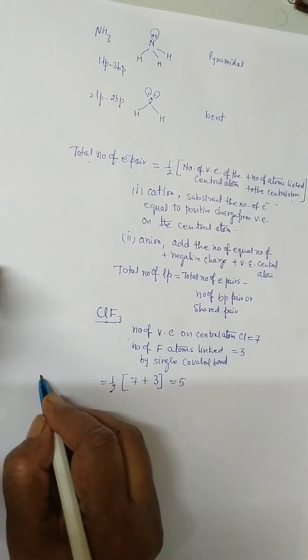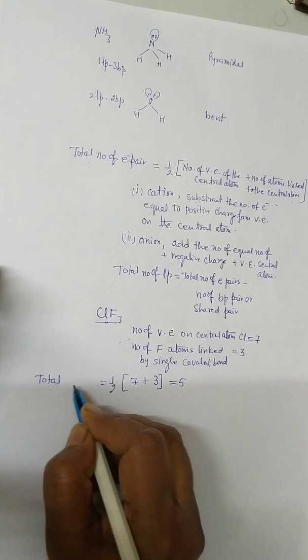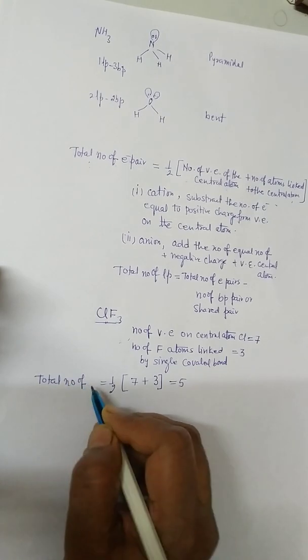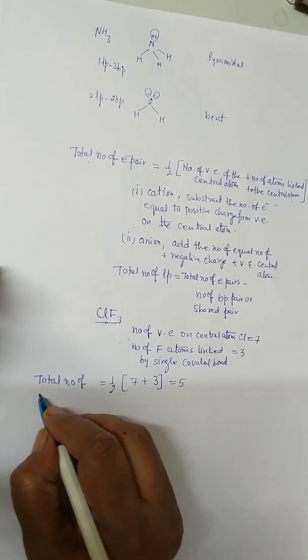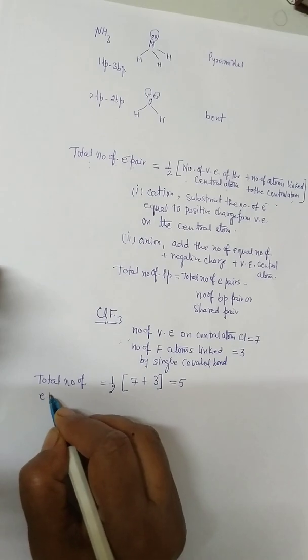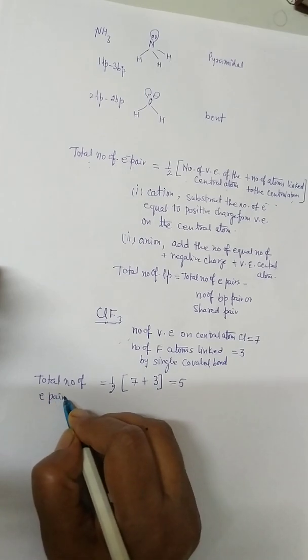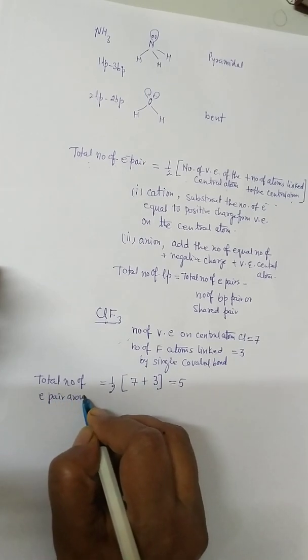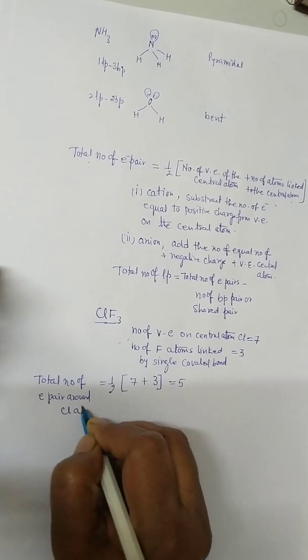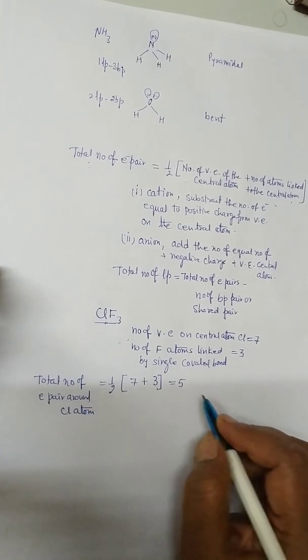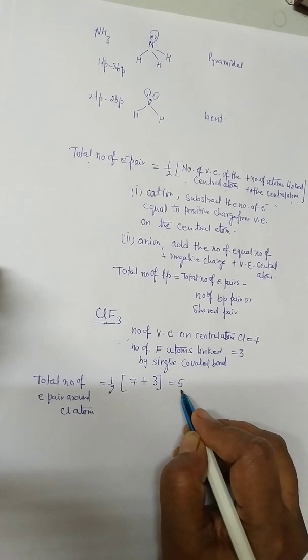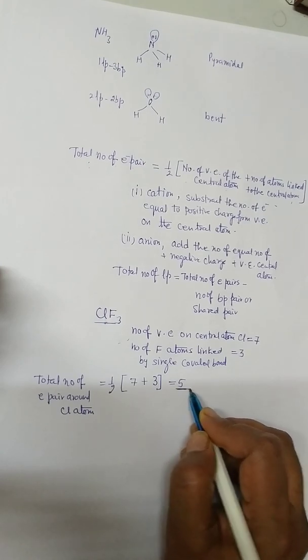So the total number of electron pairs around the chlorine atom is equal to 5.